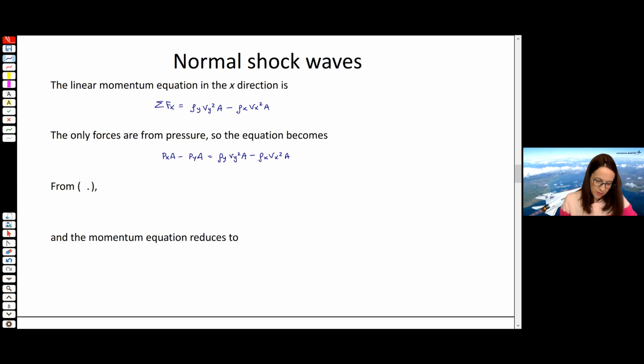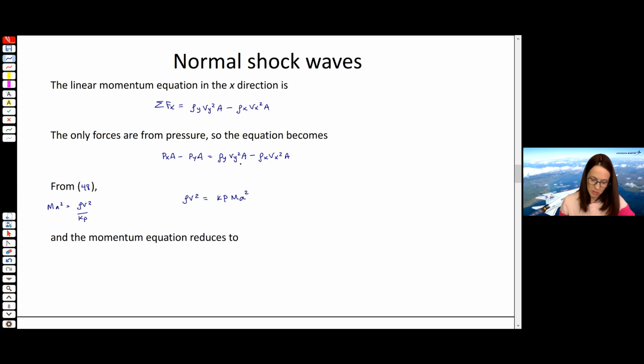Or now, using equation 11.48 from last time that put the Mach number squared in terms of rho V squared over kP, we can rewrite this as rho V squared is equal to kP Mach number squared.